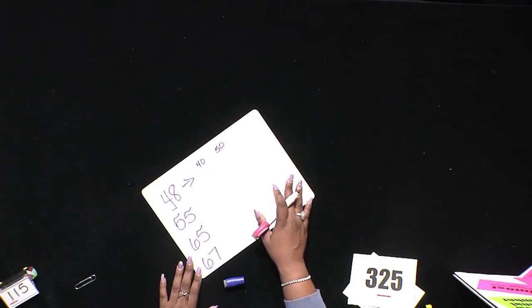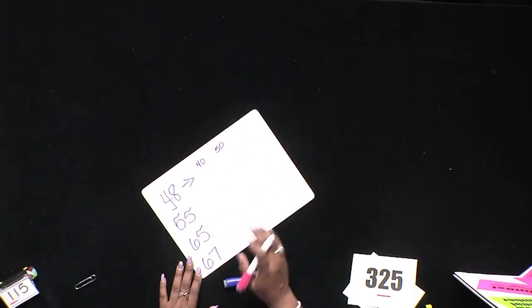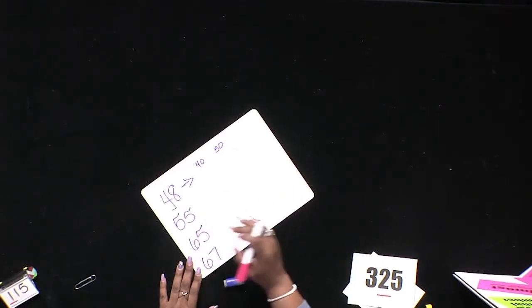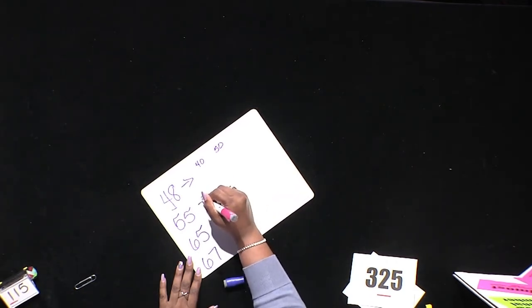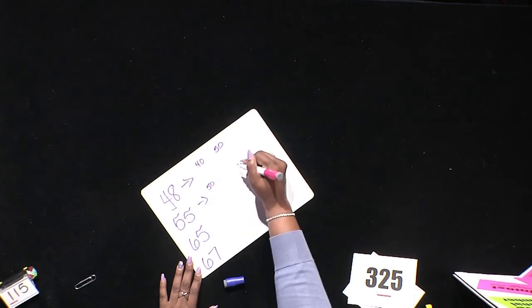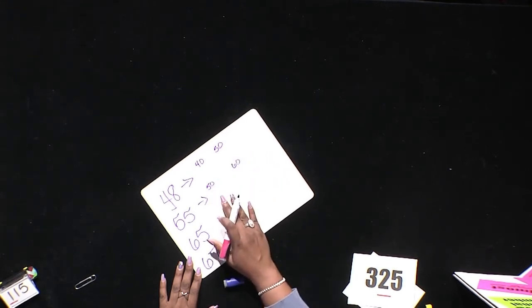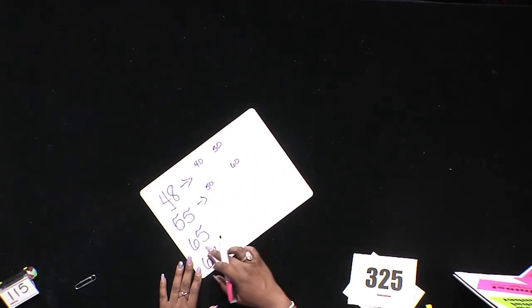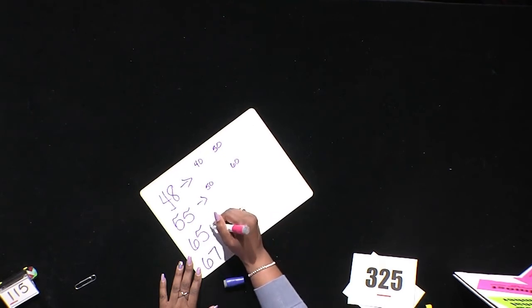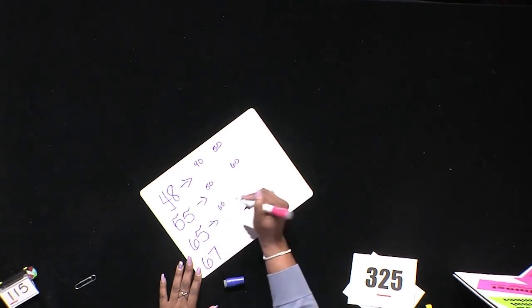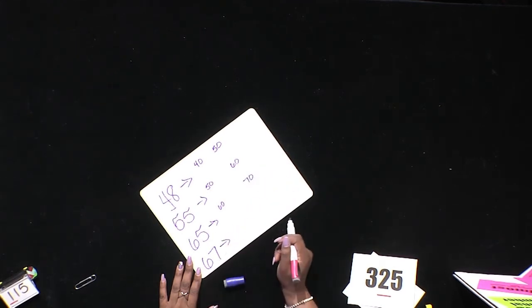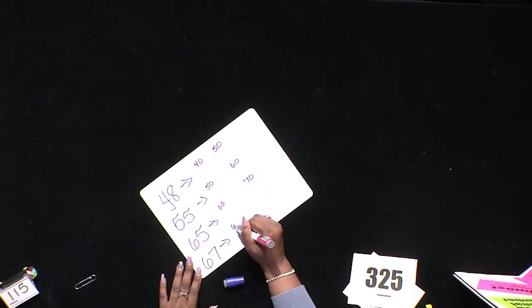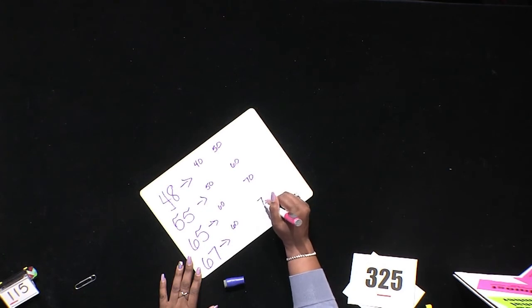That doesn't work because I need 60. 55, my range is going to be 50 and 60. That may work. 65, my range is going to be 60 and 70. And 67, my range is going to be 60 and 70.